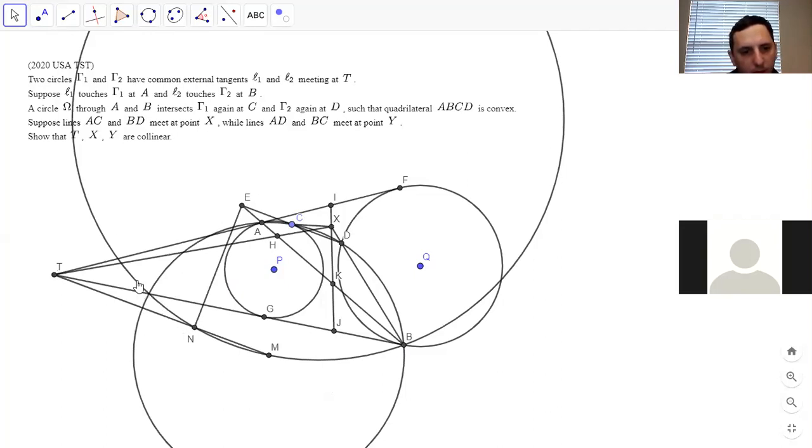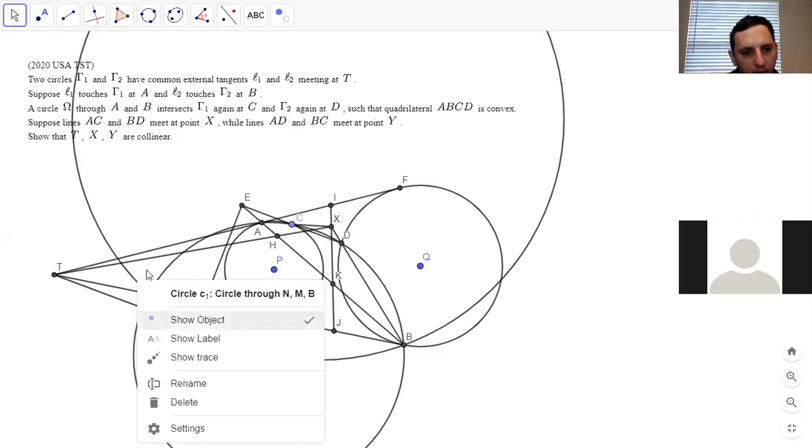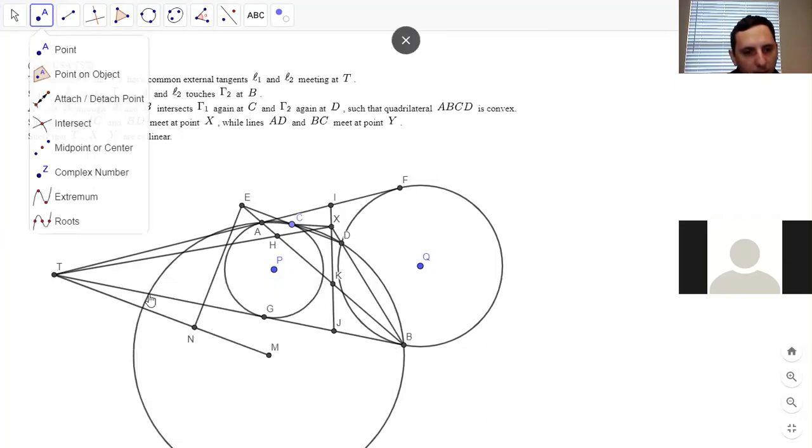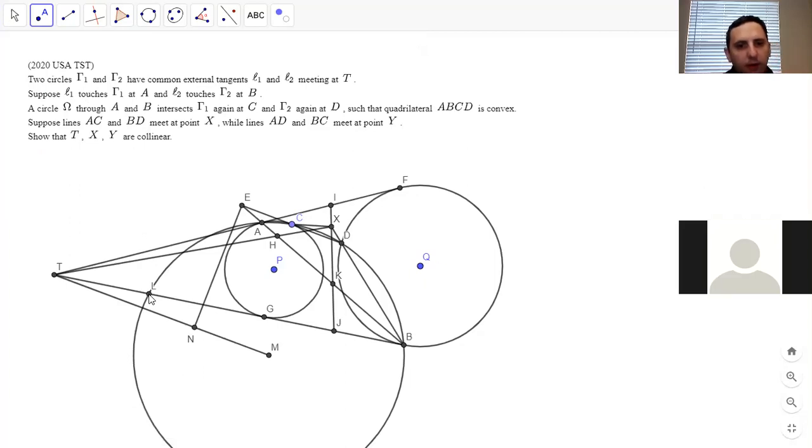So I guess another way we could say it is we want to show that NMBL is cyclic. So if we could show CHDK is cyclic or NMBL is cyclic, either one would solve the problem. But yeah, is there another point on that circle?